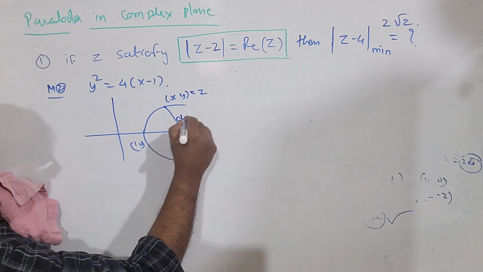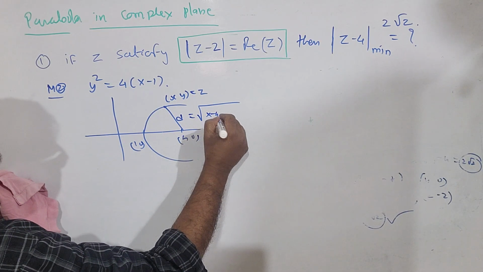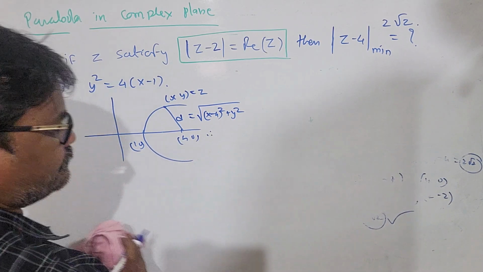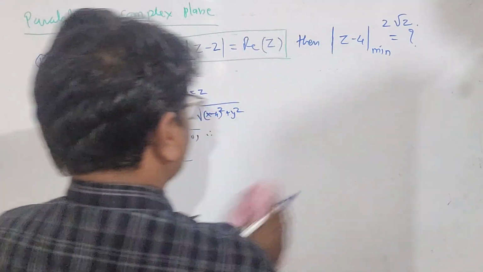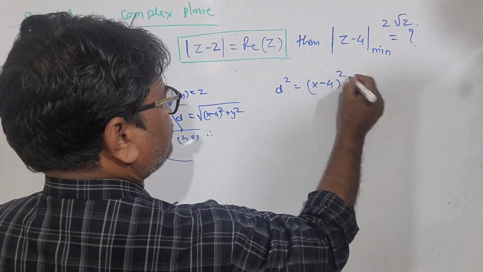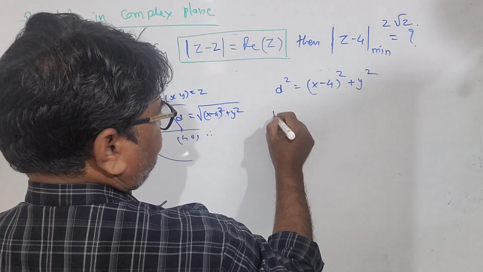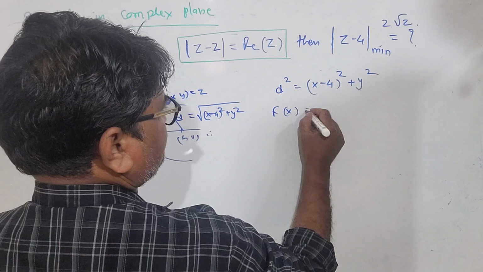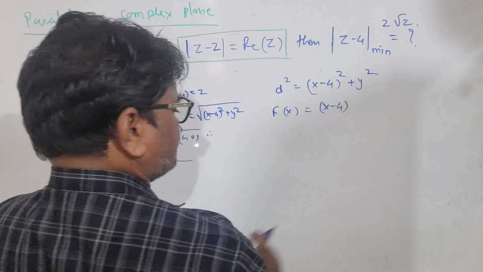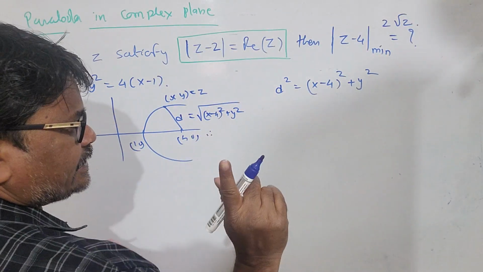What is this d? d is square root of (x minus 4) whole square plus y square. Therefore I can have d square, as we are using the maxima minima concept. So d square equal to (x minus 4) whole square plus y square. Let this function be f(x). Actually, we have to convert this function into only one variable x.